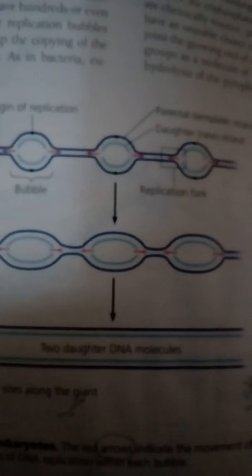As each monomer joins to the growing end of a DNA strand, it loses two phosphate groups as a molecule of pyrophosphate, PPi. Subsequent hydrolysis of the pyrophosphate to two molecules of inorganic phosphate, Pi, is the exergonic reaction that drives the polymerization reaction.